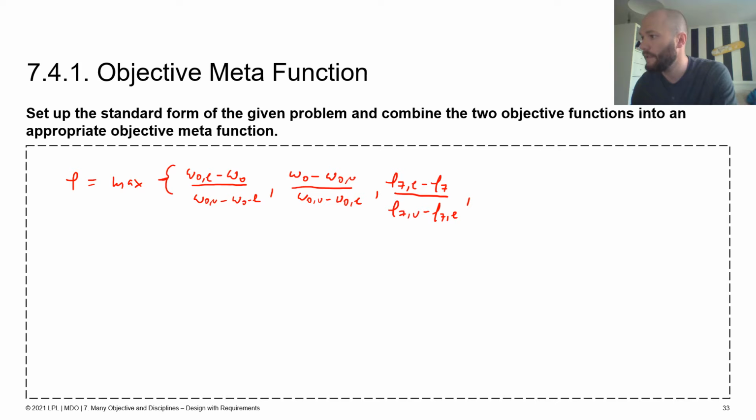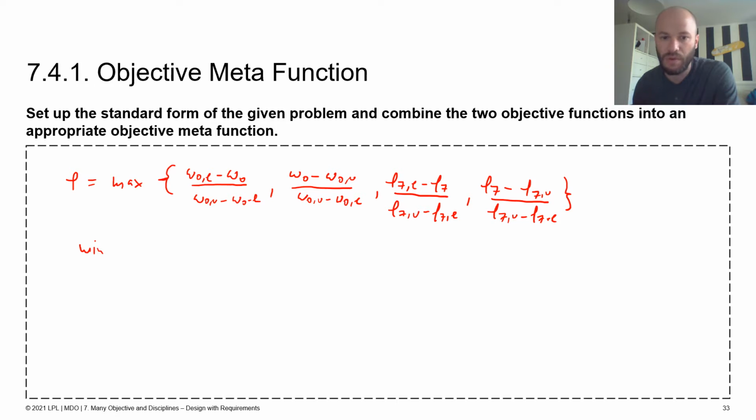And also the same for the upper bound, where the order is switched. And this is the meta objective function, and we can also formulate the optimization problem.